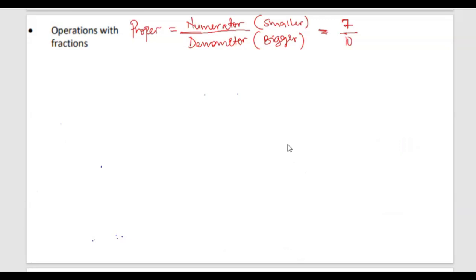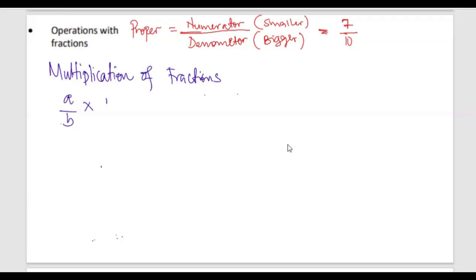Multiplication of fractions: if it's A over B times C over D, this will become A times C over B times D. So you multiply numerators alone and denominators alone. So we shall have the answer AC over BD.